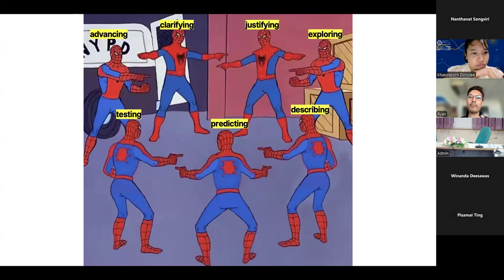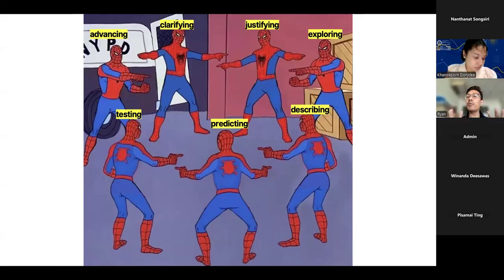And there are a lot of purposes or goals for why you need to do research, like advancing, clarifying, and justifying knowledge, exploring, describing, predicting, testing. There are many items, but you don't have to remember all of these.